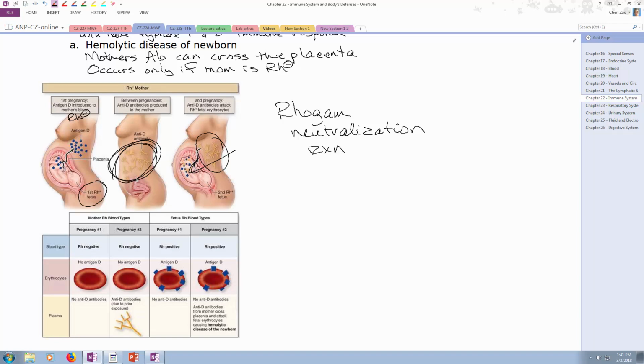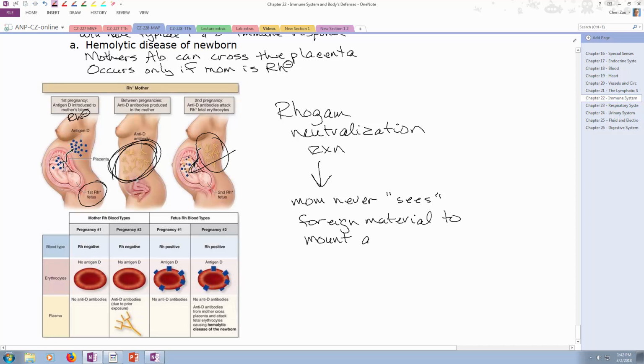So in essence, mom's system never sees the foreign material to create an immune response. So that's the erythroblastosis fetalis, which is also more easily said as hemolytic disease of the newborn.